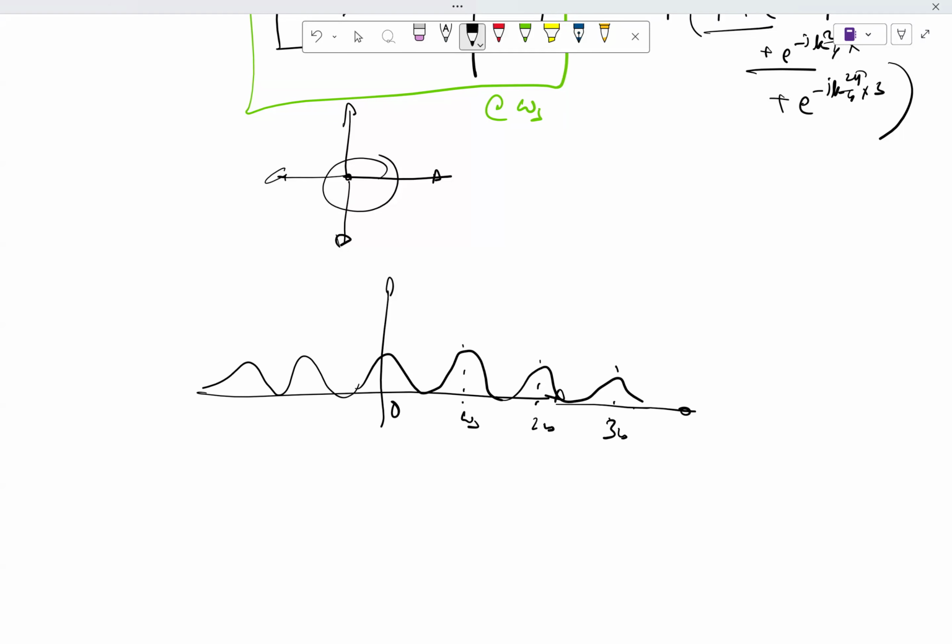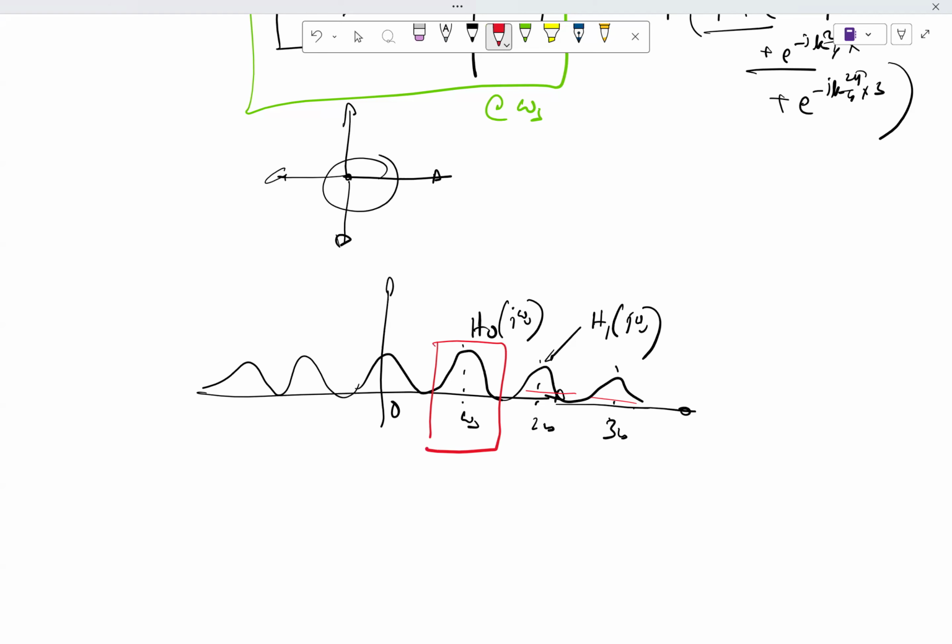Here, this is H0 of j omega. But this guy was H1 of j omega, which is non-zero. So when you are doing bandpass filtering and you want to do an LTI type bandpass filtering, let's say, then you would only want this guy to be there, right? You wouldn't want nearby peaks, isn't it?